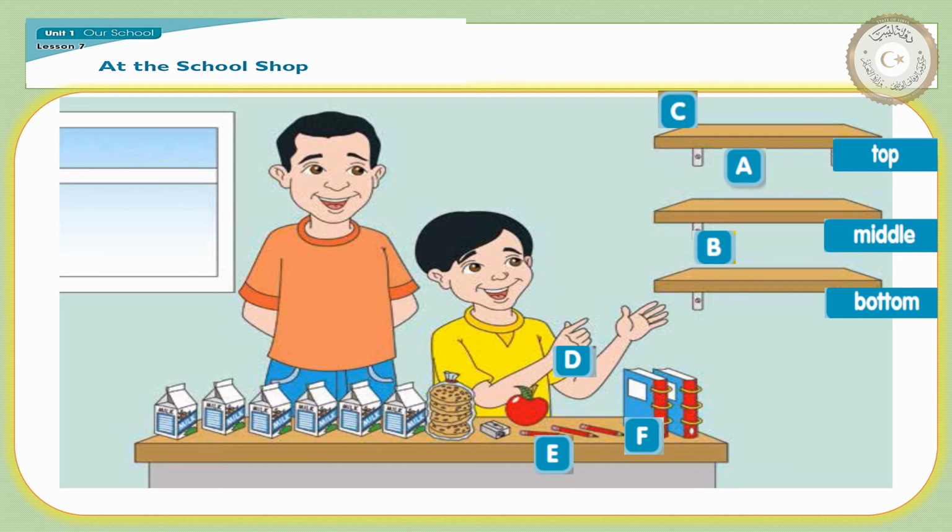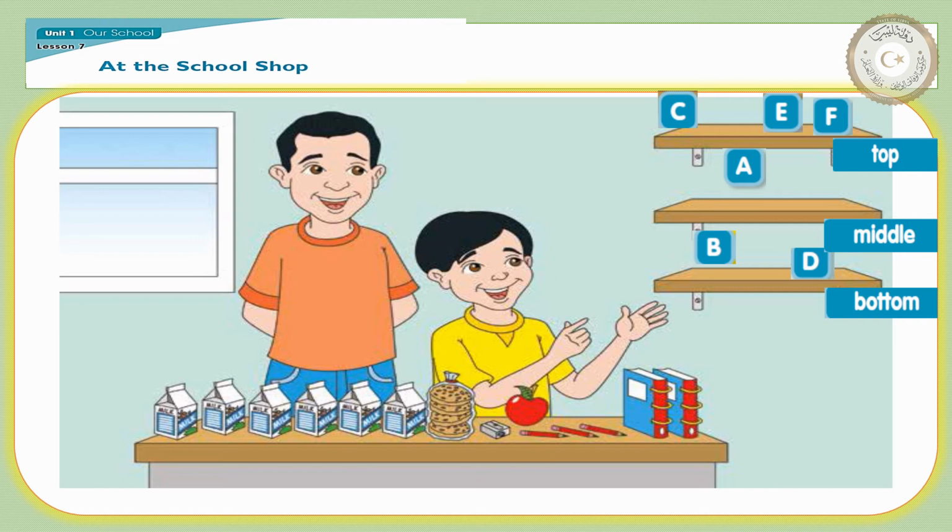Okay, the apple. Where's the apple? On the bottom. Excellent. So what about pencils? On the top. And notebook? Also on the top. So again, milk on the middle, cookies on the bottom.